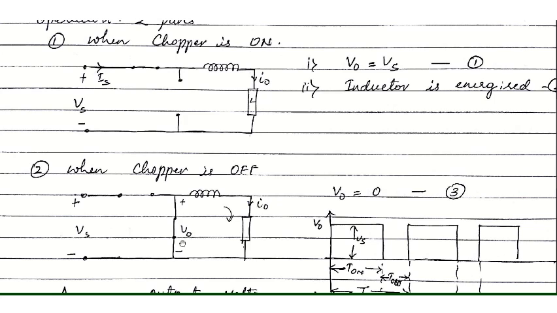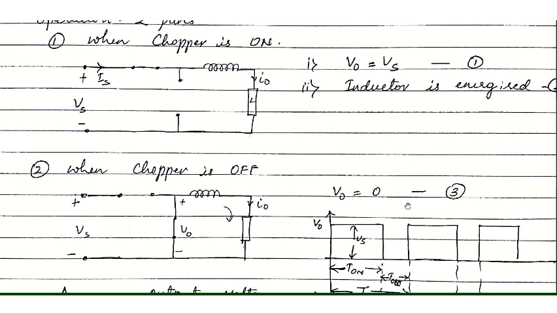There is a path for the current to flow. The output voltage here will be the drop across the diode, which will be minimum. It can be 0.3 or 0.7 V depending on the power diode used, which is very small, so it is taken as 0 here.